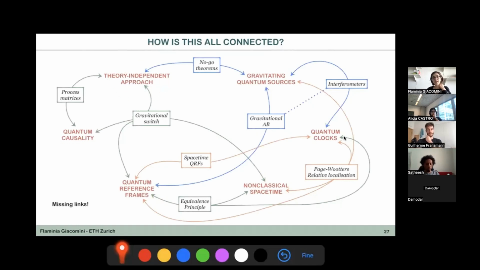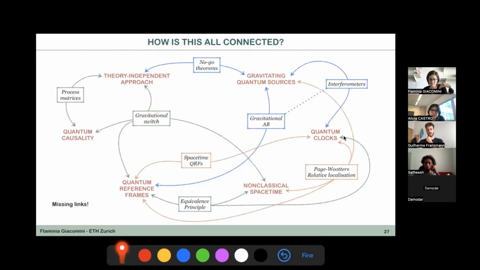I haven't told you about that, but actually the paper on the gravitational switch has the title Bell's theorem for temporal order. So they gave a theory-independent argument for the superposition of causal orders in this case. There are really many connections among all these topics that I discussed. Now you will see that there are also some missing links, and these are the links that we should fill somehow to find more connections and more discussions.